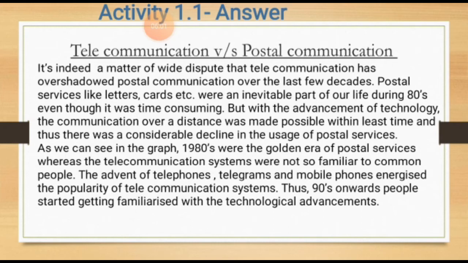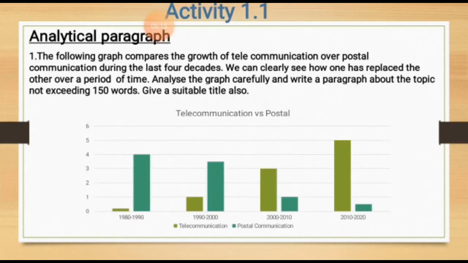Now, as per the graph, as we can see in the graph, the 1980s were the golden era of postal services, whereas telecommunication systems were not so familiar to common people. So that is according to the graph, 1980-1990, that you can see that difference there. So I have explained it.